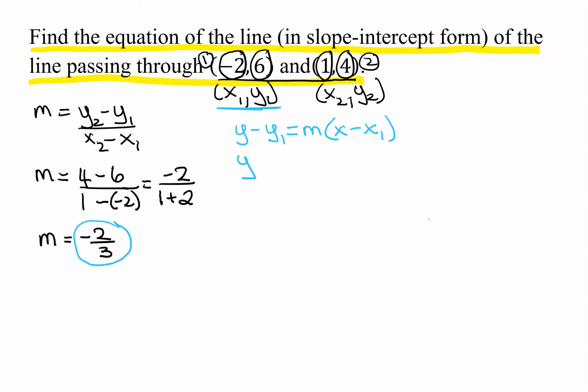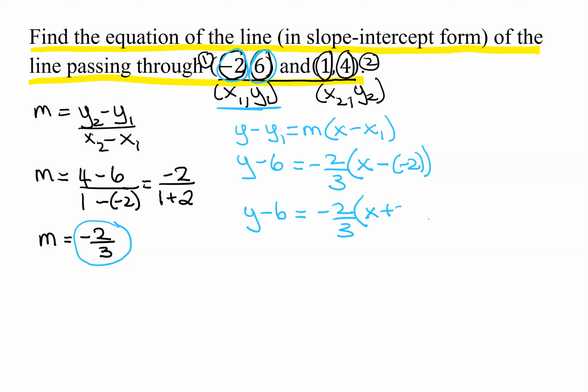So I'm going to get y minus y sub 1, which is 6, equals m, negative 2/3, times the quantity x minus x sub 1, which is a negative 2. So I get y minus 6 equals negative 2/3 times the quantity x minus a negative 2, which becomes x plus 2.